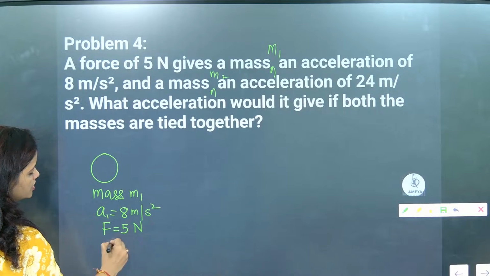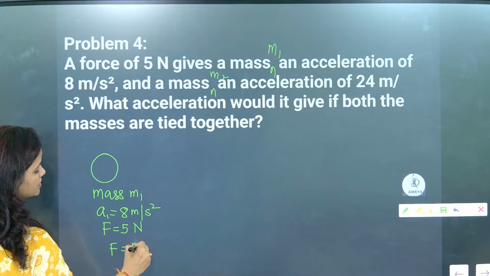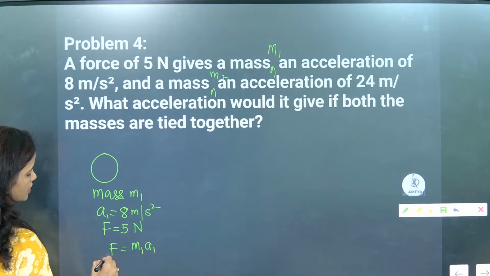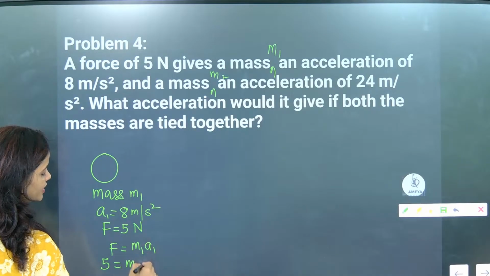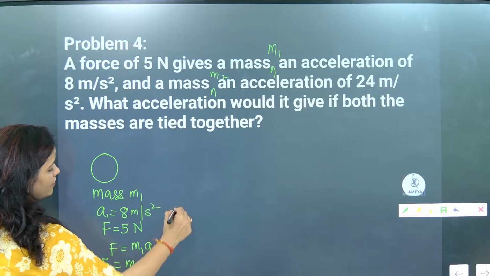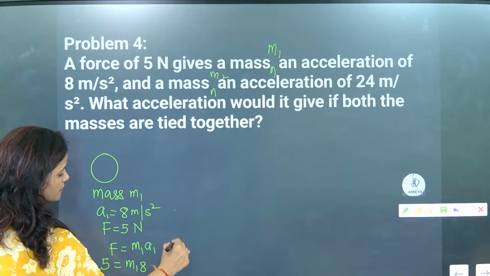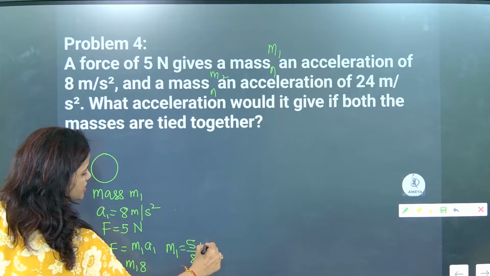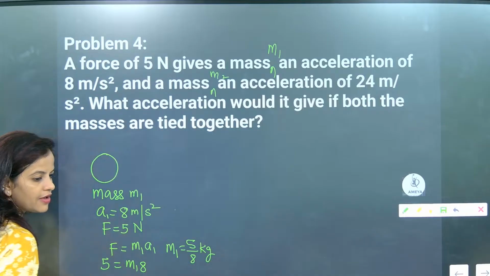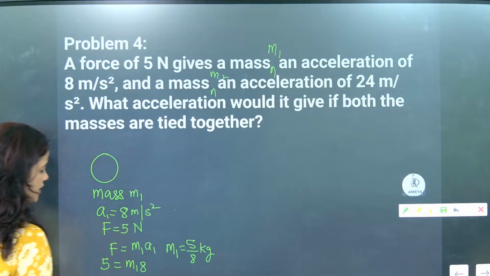So force is equal to mass m1 into A1. So 5 is equal to m1 into 8. So m1 is equal to 5 by 8 kg.